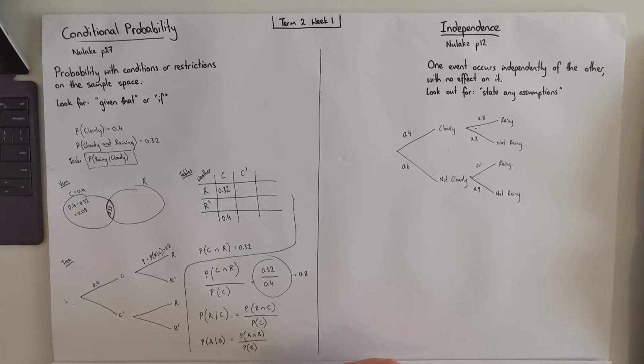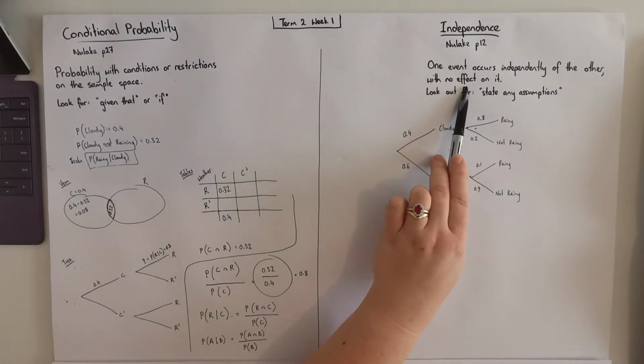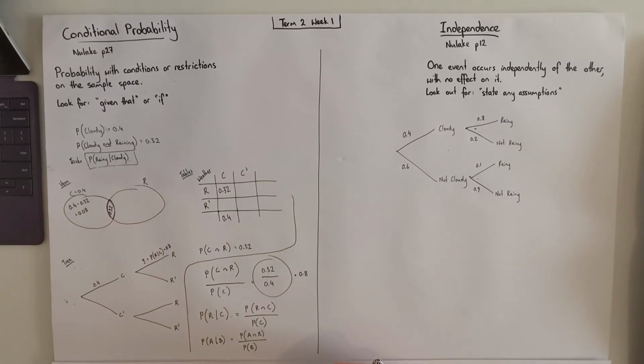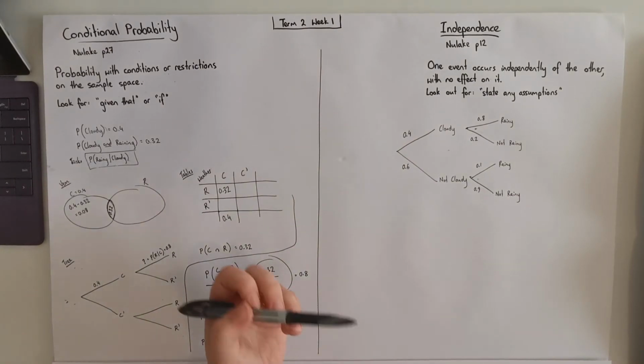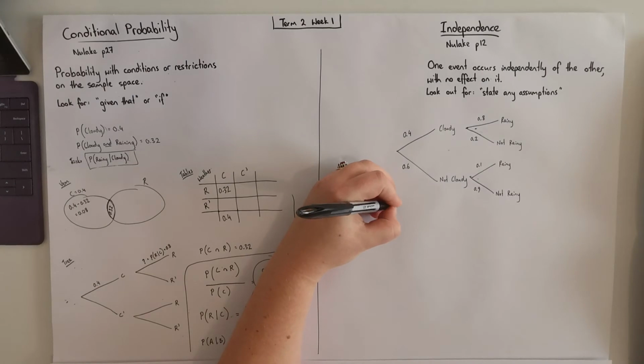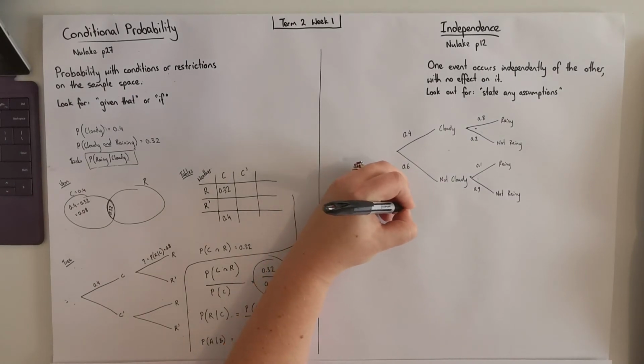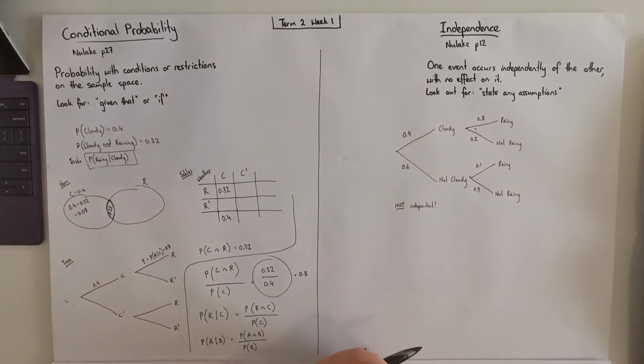So clearly, whether it's cloudy or not does have an effect on whether it's going to be a rainy day or not. So clearly, this situation cannot be independent. There's really no other way around it. Simple context, that is all independence means.